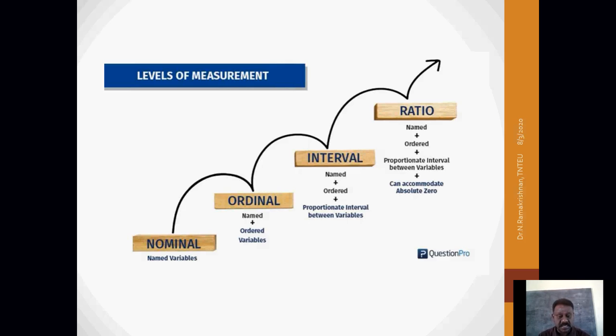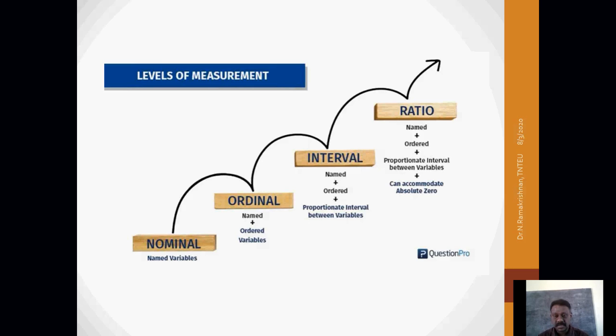When we come to ordinal scale, suppose the same students, you are arranging them based on their height, based on their scores in the previous examination. That is known as ordinal scale. And the next one is interval scale. Interval scale is named plus order plus proportionate interval between variables. We can take the same example, and in that we can have the range of scores.